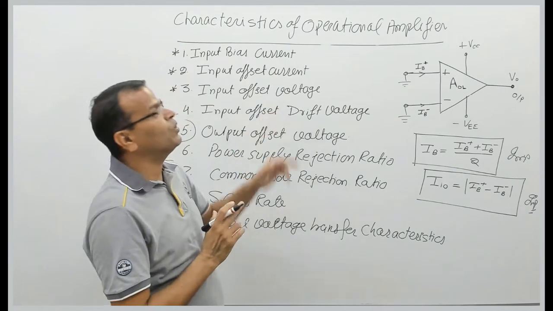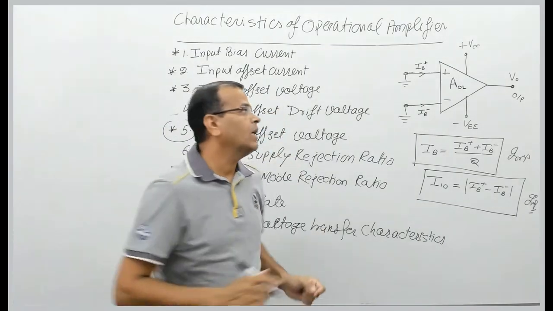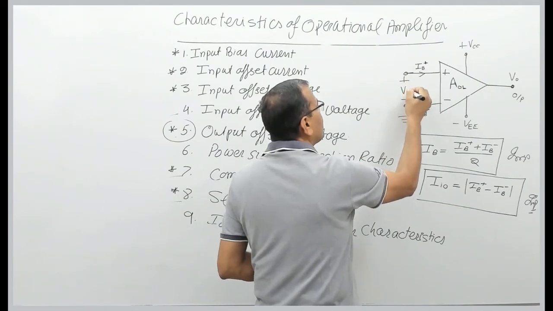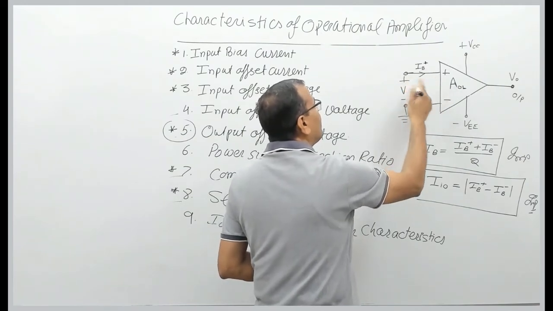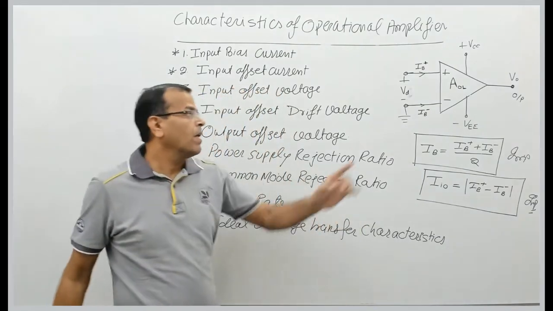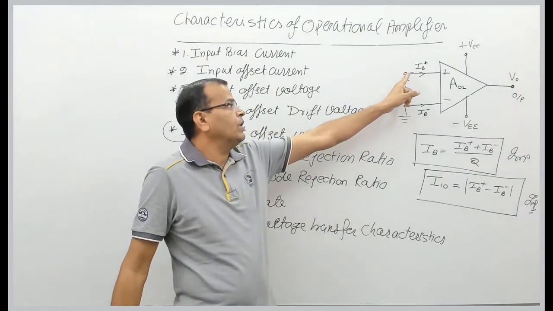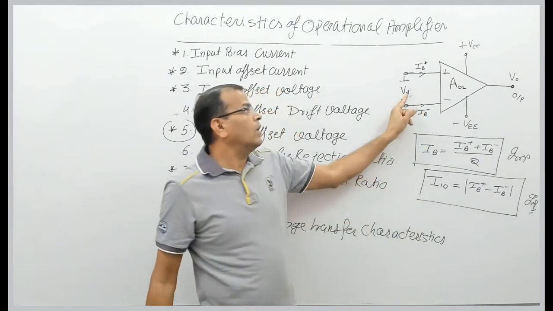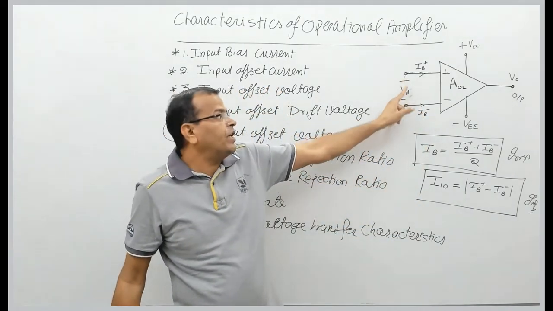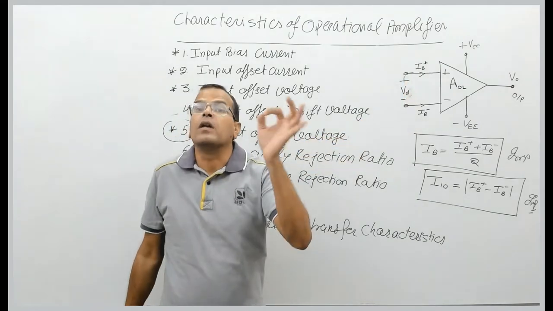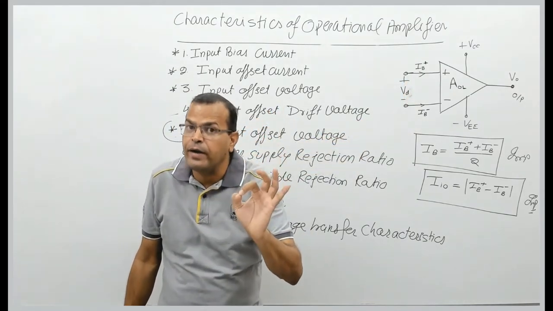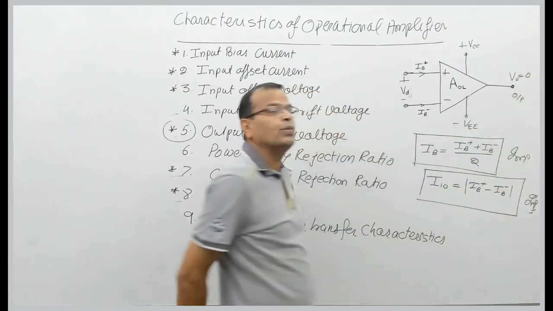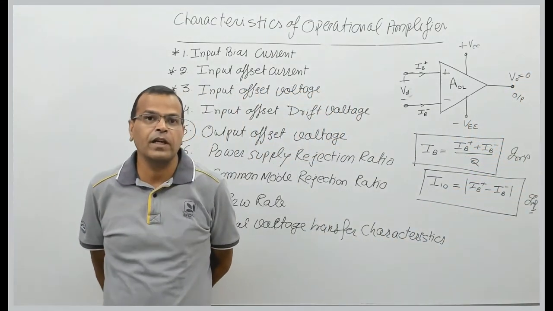Now, what is input offset voltage? That is the differential input voltage required to be applied, the difference of voltage between the non-inverting and inverting terminals, to make the voltage at the output 0.